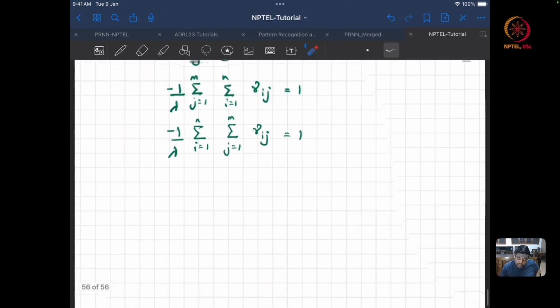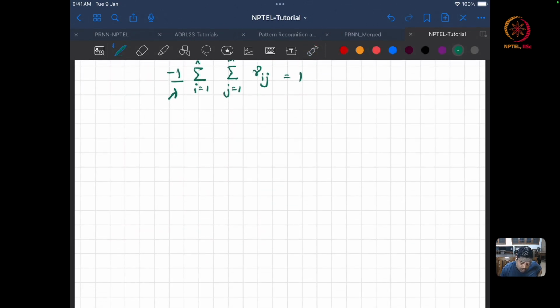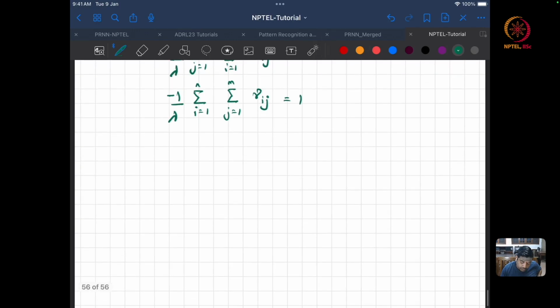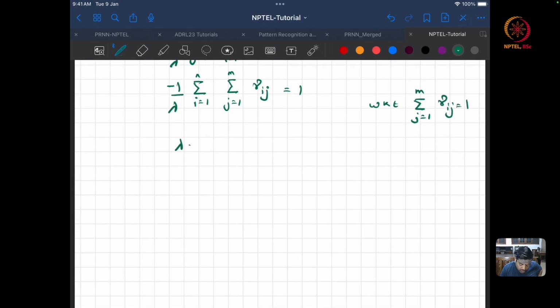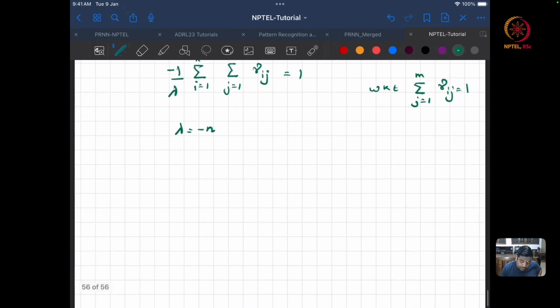Now I just want to use that specific thing here. This will immediately give us, so just make a note of it, we know that if we sum over j equals 1 to m, I get 1. Therefore, I get lambda equals minus n.